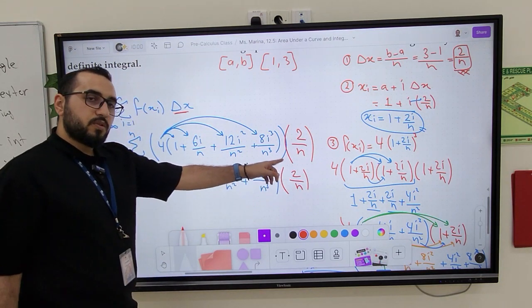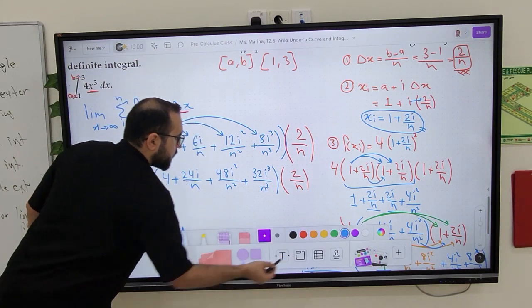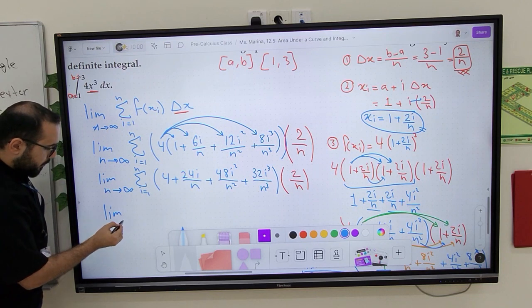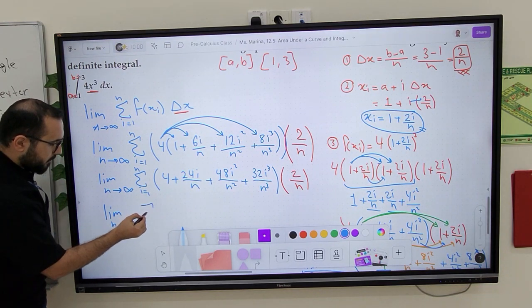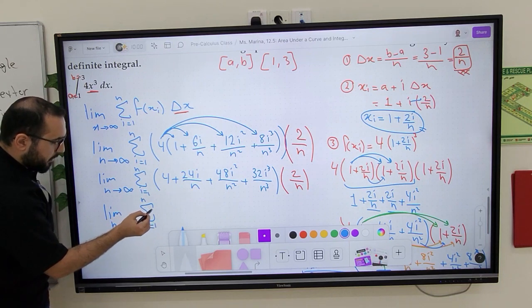Now can I distribute 2 over n to everyone here? Yes, I can do that. So the limit when n approaches infinity, i equals 1.